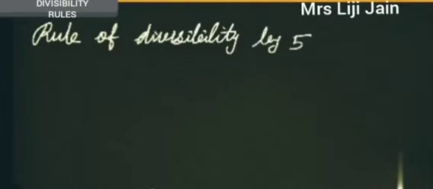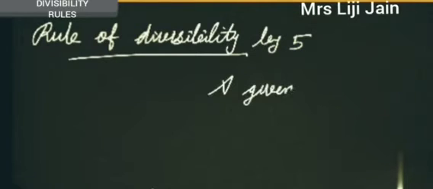Rule of divisibility by 5. A given number is divisible by 5 if its last digit is either 0 or 5, not even number, isn't it?